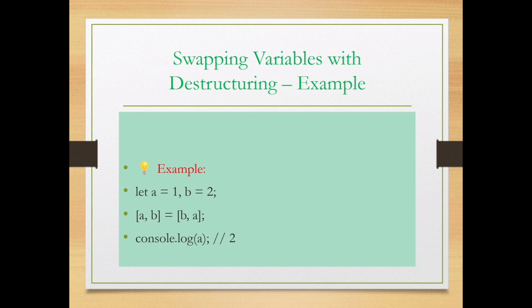Then I am swapping both a and b. This is the syntax for swapping. First we take a comma b, then we take b comma a, then both will swap. Next I am printing the value of a, then it displays 2. Why? Because I am swapping both. Then we will see its execution part.